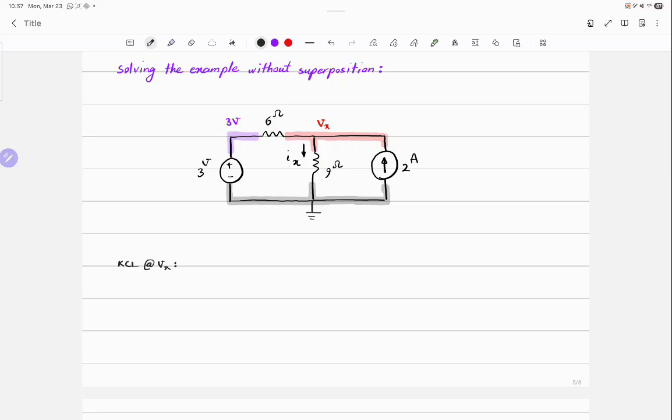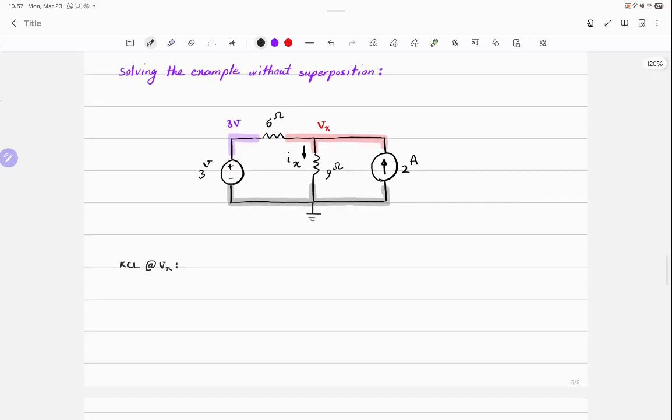Minus 2 amps. What's next? Plus Ix? You want to write plus Ix?